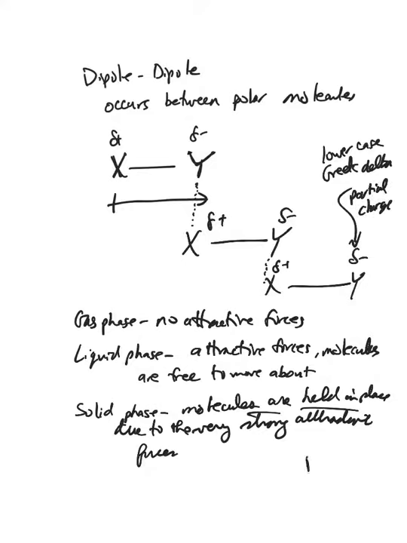And so, going back to looking at liquid phase versus solid phase versus gas phase, one of the ways that we measure the strength of the attractive forces is by the boiling point or the melting point. And the greater those values, the greater are the attractive forces.